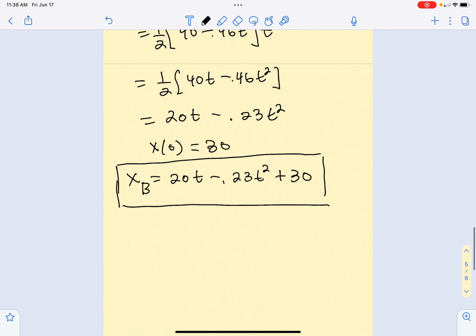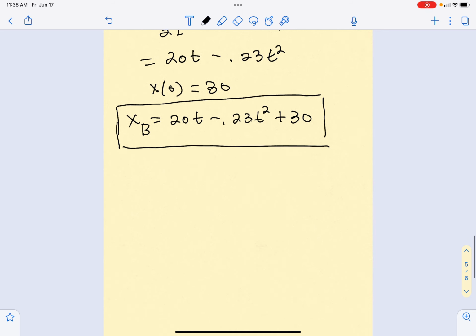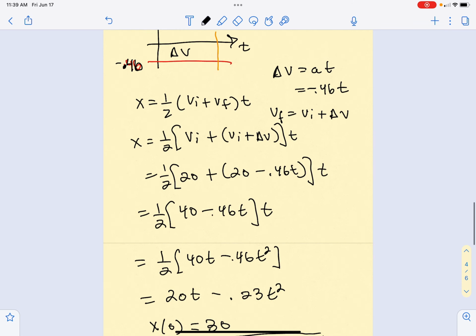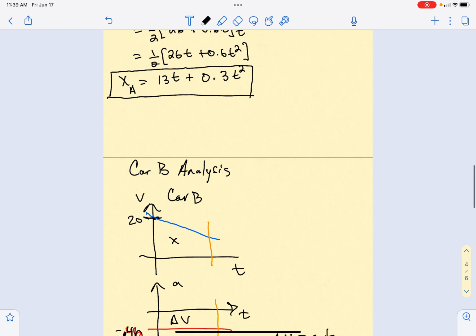And what do we do with all of this information? Now we have to equate the positions to get the time when they overtake each other. So I will go up here, and let's bring this information down.